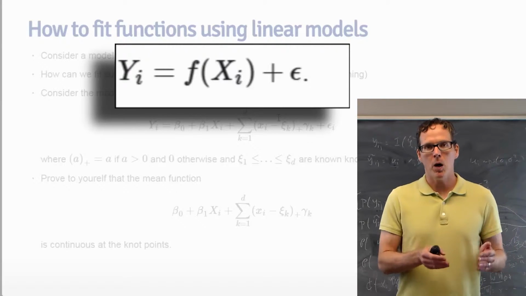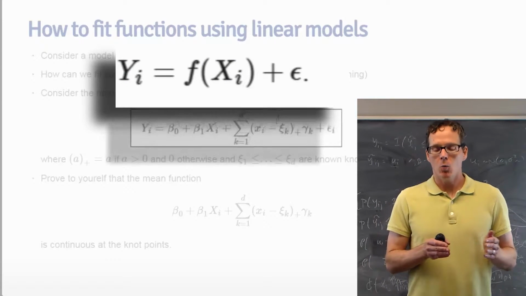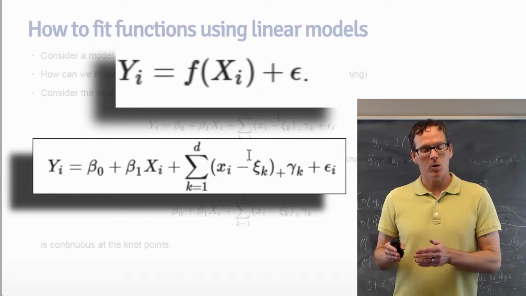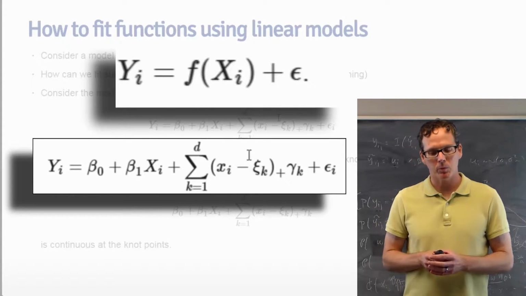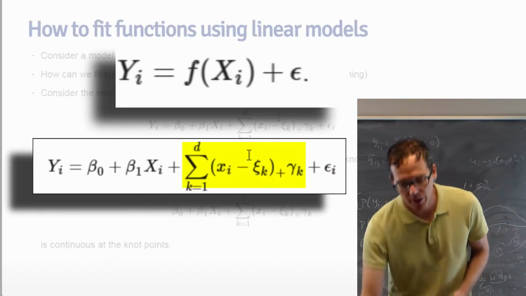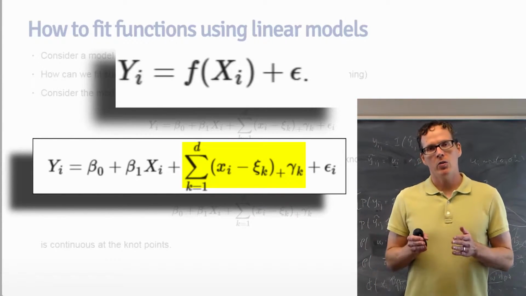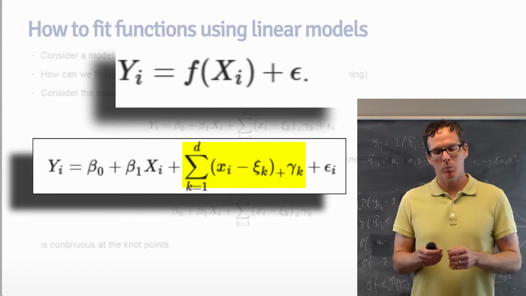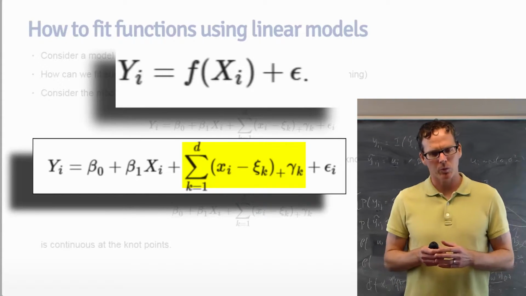Our model for y equals f of x plus epsilon is going to be y equals an intercept, beta naught, plus a regular slope term, beta 1 times x, but then a sum of a bunch of terms of x minus a knot point, with a little plus on the bottom, times gamma.